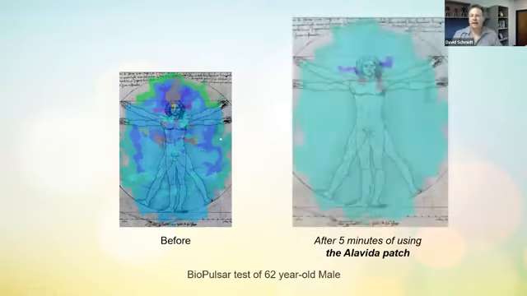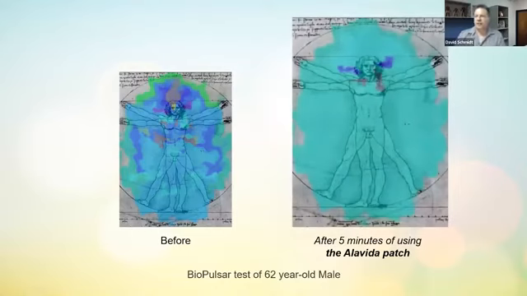So 5 minutes after applying the patch, this is what happens. The readings go to almost perfect. This is exactly the color that you'd want to see. If you look at the individual graphs, it would show that the bioelectrical current flowing through the tissue is extremely stable. And you've also seen that the bioelectrical field has begun to expand.